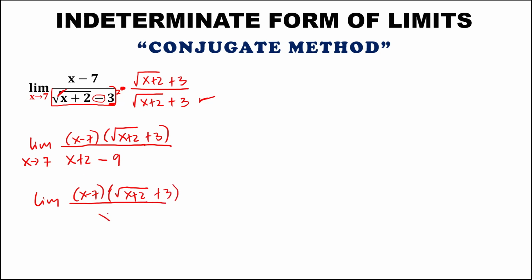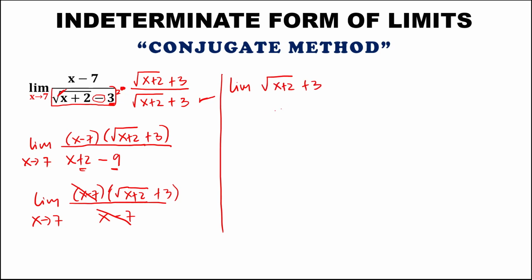As x approaches positive 7, to simplify, again just copy the numerator: x minus 7, times the square root of x plus 2 plus 3, over x plus 2 minus 9. So this is x minus 7. Then as x approaches positive 7, observe that we can cancel this x minus 7 and x minus 7. So we now have the limit of square root of x plus 2 plus 3.